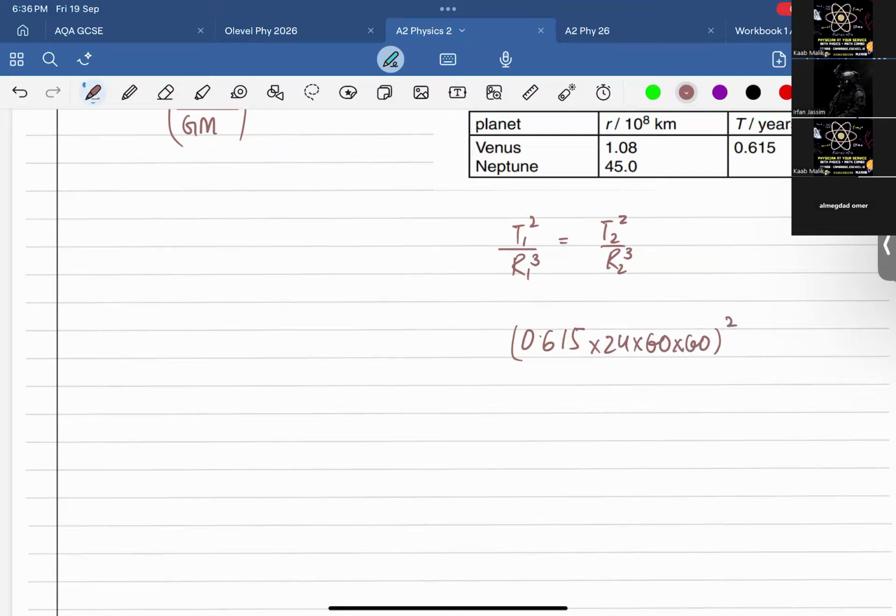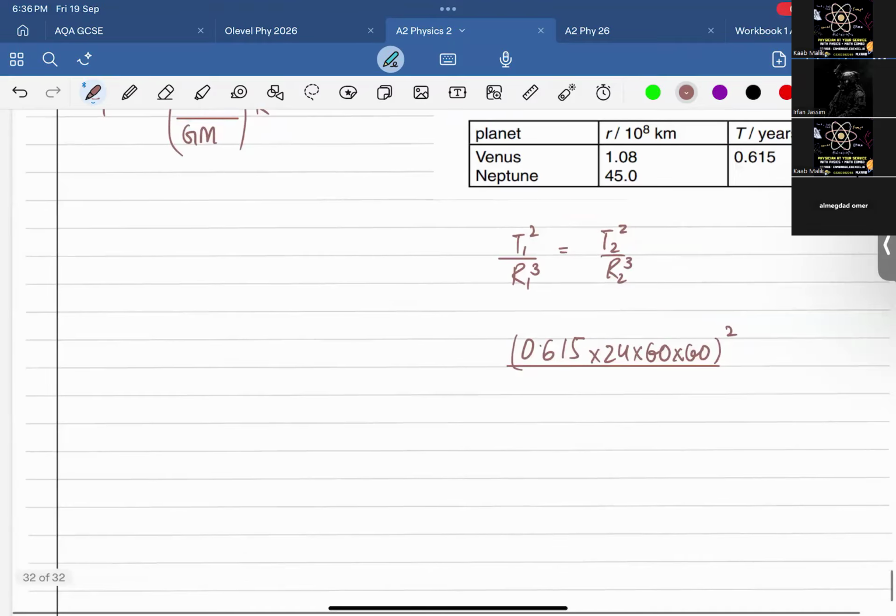Don't find the individual answer, it will make more difficulty in your calculation. Then you have 1.08 exponent 11, because it is power 8 in kilometers, equals T squared, which is what we are working for.